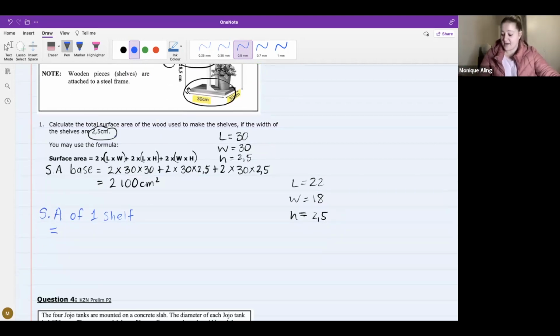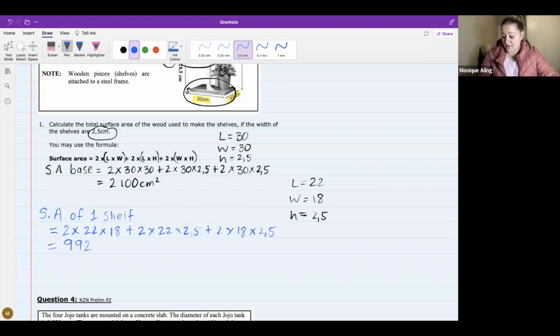they're exactly the same. So when we show working out, it is 2 times 22 times 18 plus 2 times 22 times 2,5 plus 2 times 18 times 2,5. And that gives you an answer of 992.